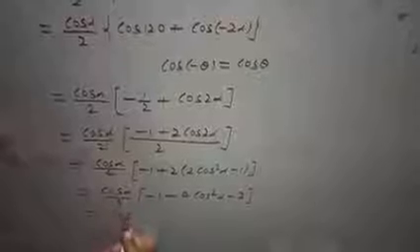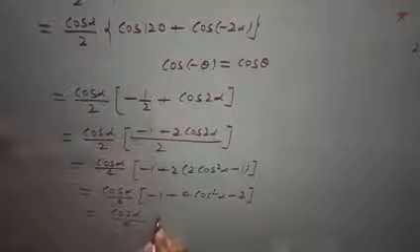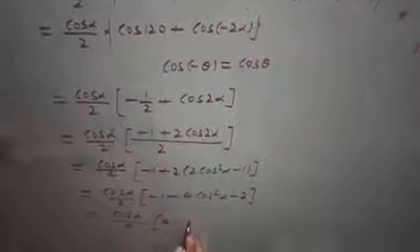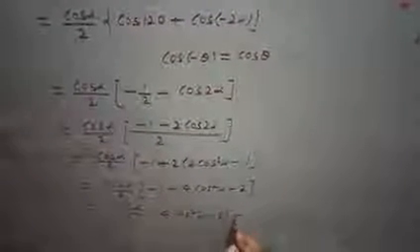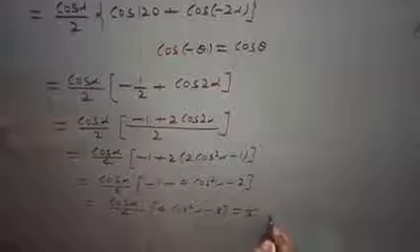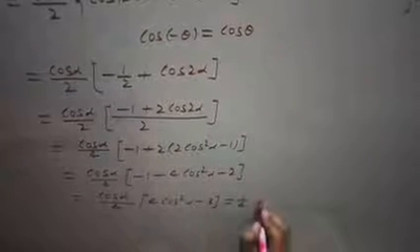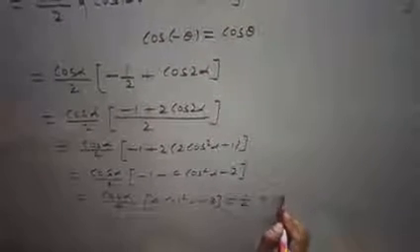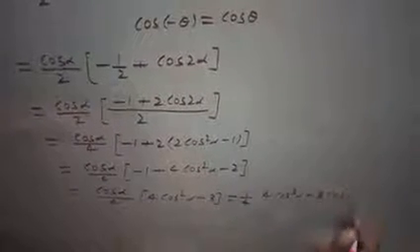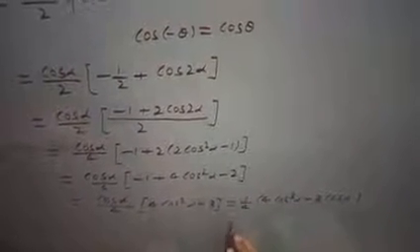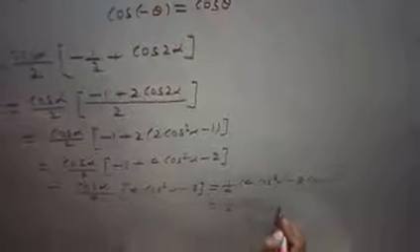So cos alpha by 4 into 4 cos square alpha minus 3, so 1 by 4. If you multiply cos alpha, so 4 cos cube alpha minus 3 cos alpha, so 1 by 4 cos 3 alpha, and this is what we have to prove.